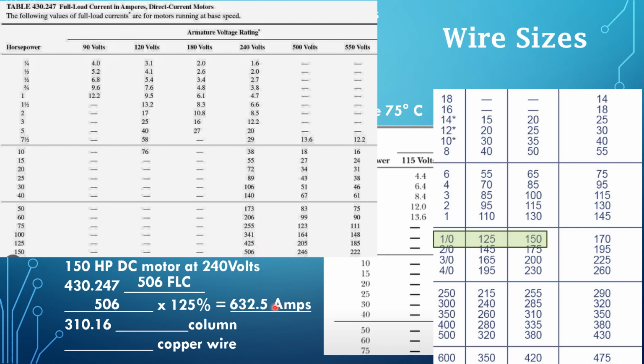All right, pause these videos, work these problems as we go, so that you can practice. Now we're going to look at 310.16. We are well over 100 amps, so we get to use that second column, the 75-degree column, and we're going to need 632 amps.